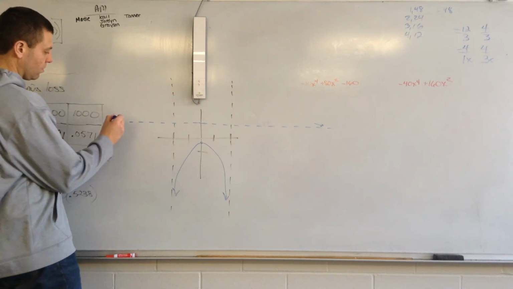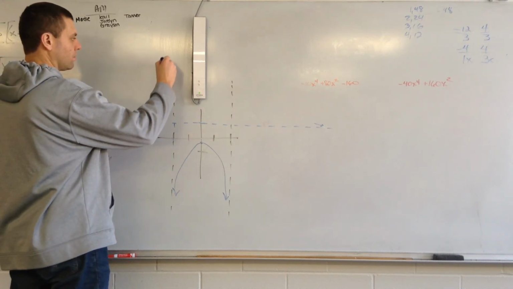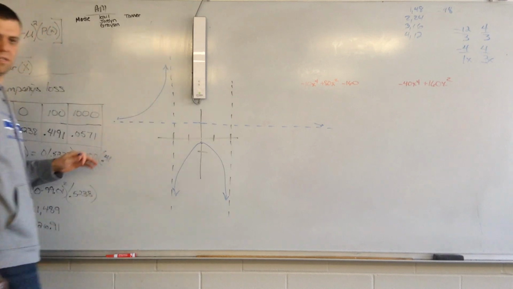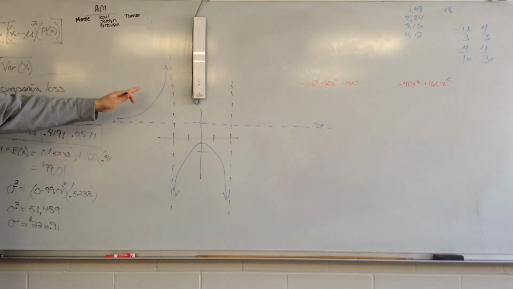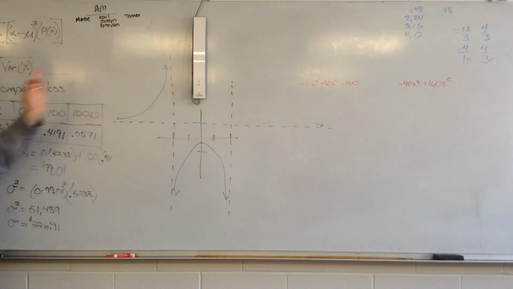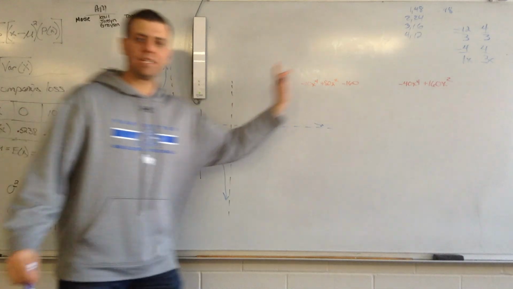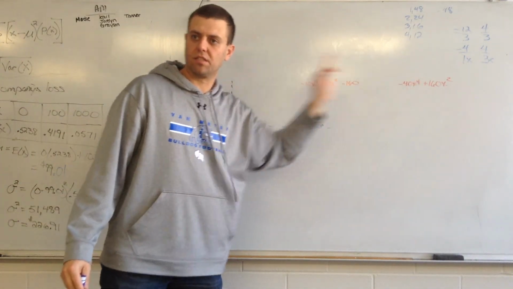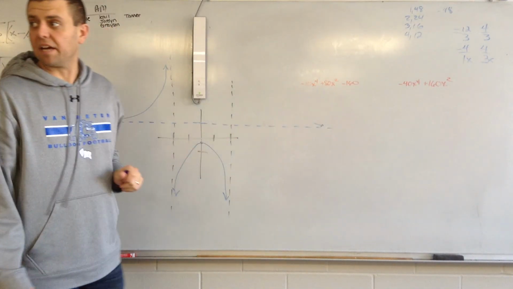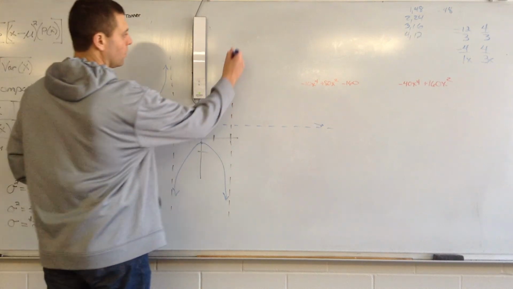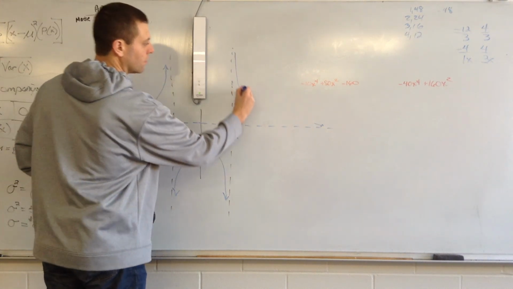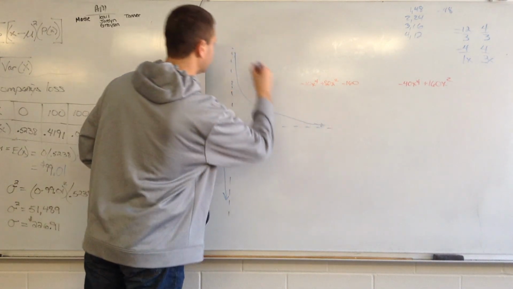So it makes sense that the graph probably looks something like this. It's also concave up. It's increasing and concave up. How about from 2 to positive infinity? Was it increasing or decreasing? Decreasing. Decreasing and concave up though? Yes. So it would make sense that the graph would look like this.